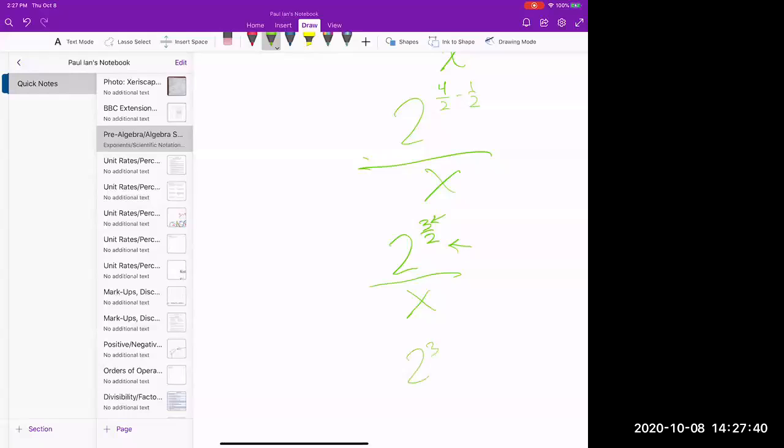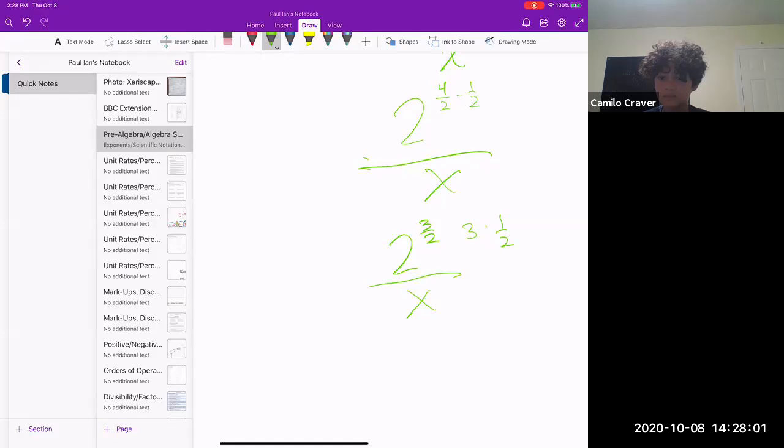So you mean like this? Let me see first. For this one, remember if you have 1/2, so it's 3, right? And then you have a 1/2 too, right? Yeah. It's kind of like that.